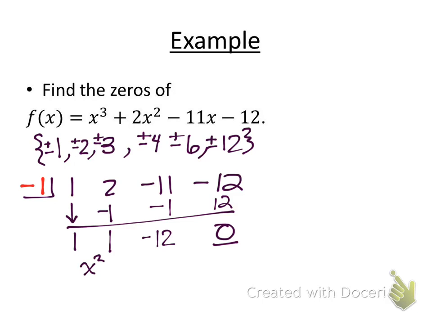So we have x squared plus x minus 12, and we're going to figure out what would make that 0. We could either use multiply-add, or the quadratic formula. I'm going to prove to you that the quadratic formula would work, since most of you would choose factoring.